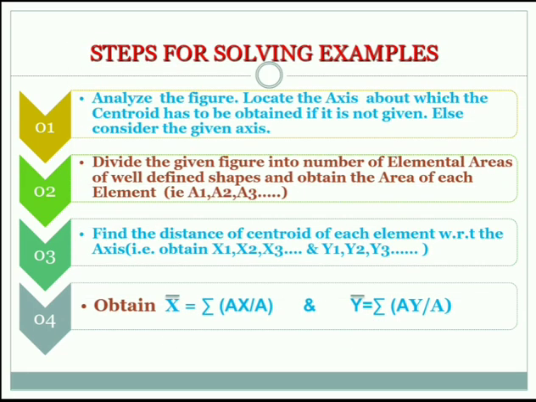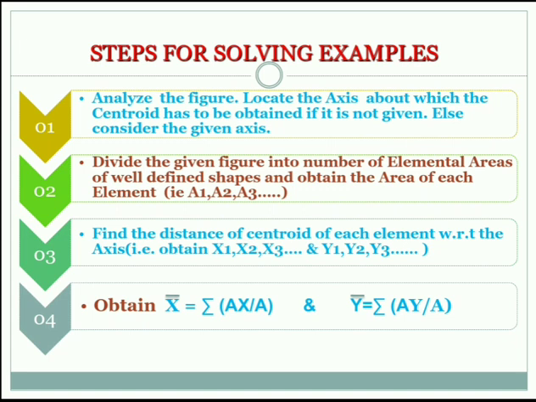Then in the last step, we just take the summations to find the coordinates of our centroid. That is, we obtain x bar by taking summation of Ax upon A, where summation of Ax means A1 x1 plus A2 x2 plus A3 x3 and so on, divided by A, the summation of all the elemental areas, that is A1 plus A2 plus A3.